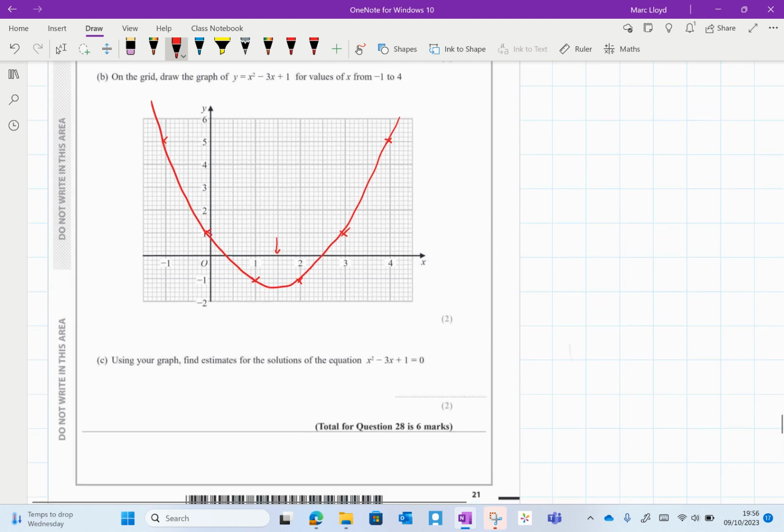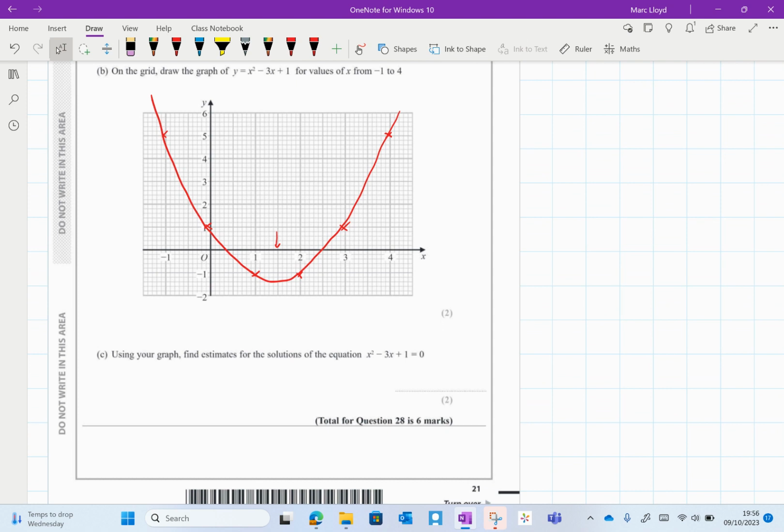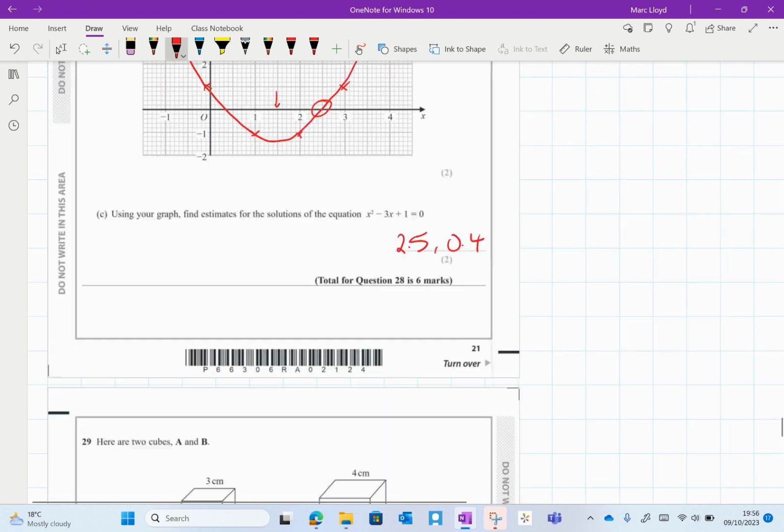Okay. Use your graph to find estimates for the solutions. So I've got one there, which is where it crosses the x-axis. So my estimate's 2.5 and then 0.4. I'm going to put 0.4. There will be a range of answers for that one, because not everyone's graph is going to be drawn exactly the same.